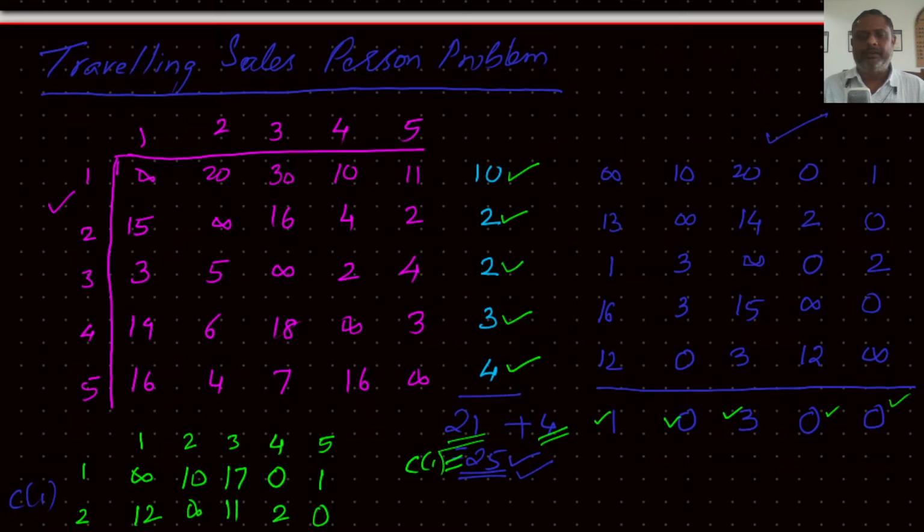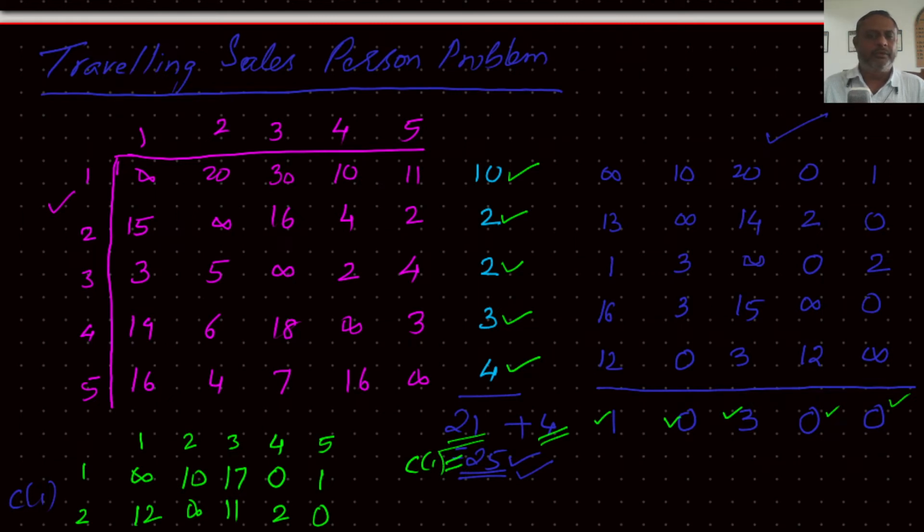Then subtract 3 from this, 15 becomes 12, 3 becomes 0, 12 becomes 9. So finally we have C dash as 2. Then C of 1, 5 is C of 1 to 5 plus C of 1 plus C dash of 5.